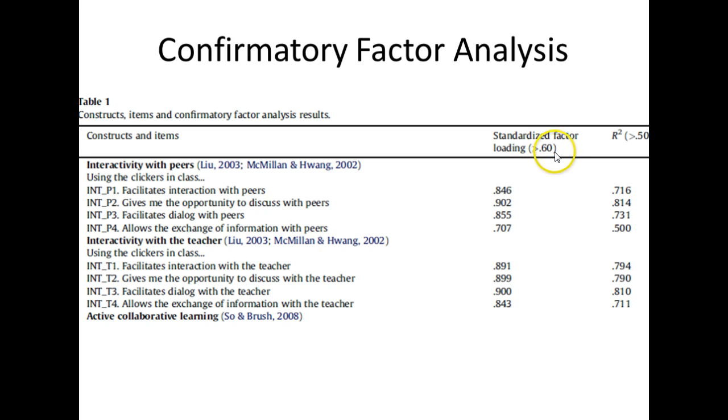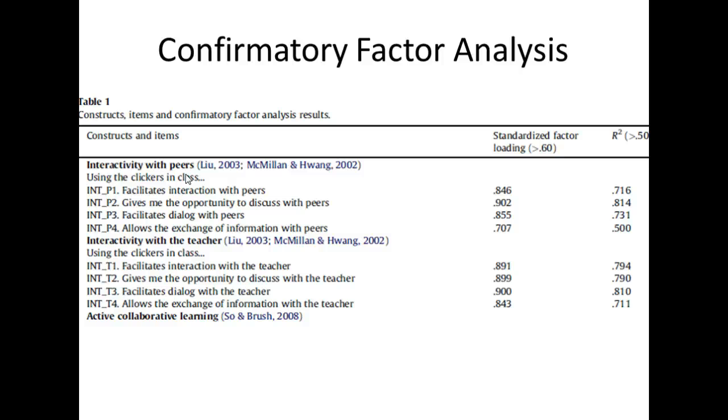Now this is a correlation, and it's the relationship between each item and the construct overall. So they look at the responses of all of the participants and they see how the responses on each item correspond to the main construct. And it's a very sophisticated analysis.